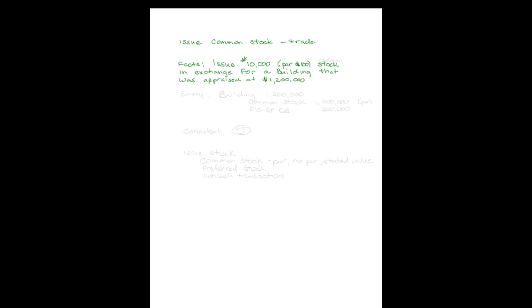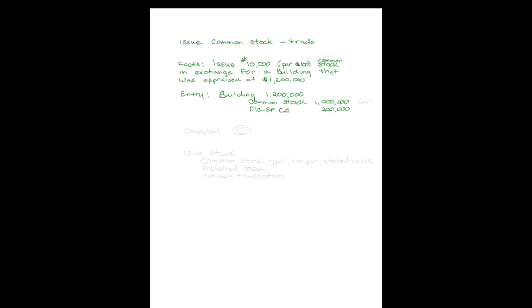You issue 10,000 shares of your $100 par value common stock in exchange for a lovely new building that was just appraised at a price of $1,200,000. Given everything that we've learned in the last couple chapters, put me on pause and make an entry that makes sense to you. I'll hold.